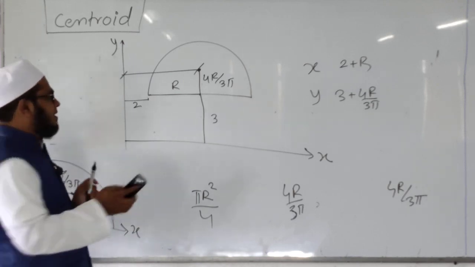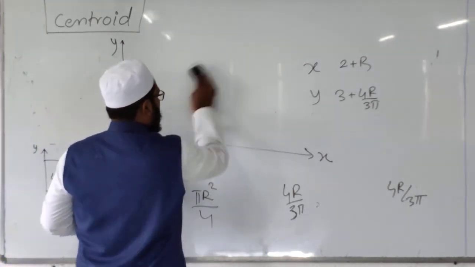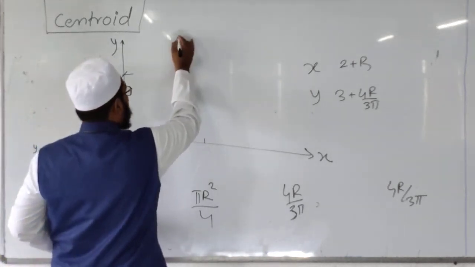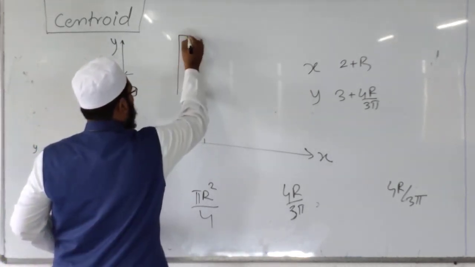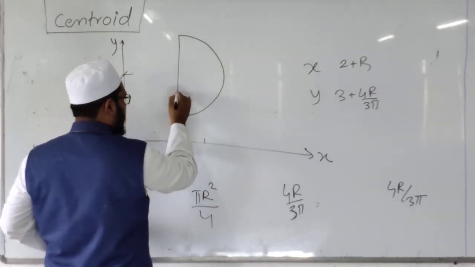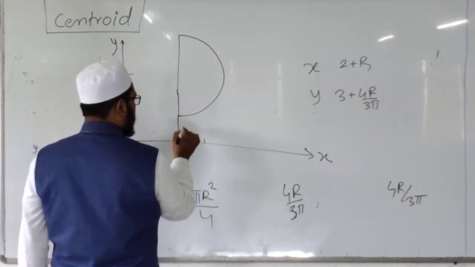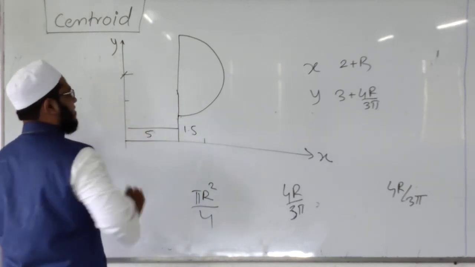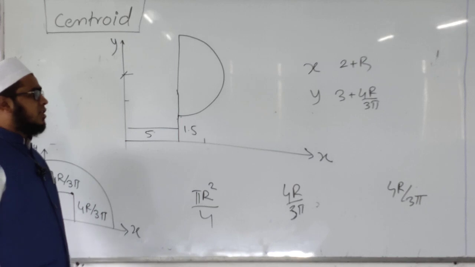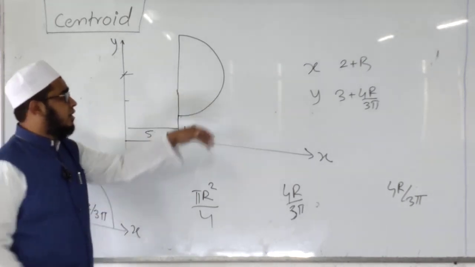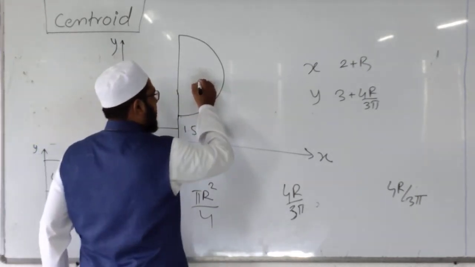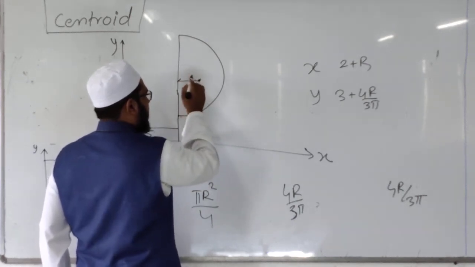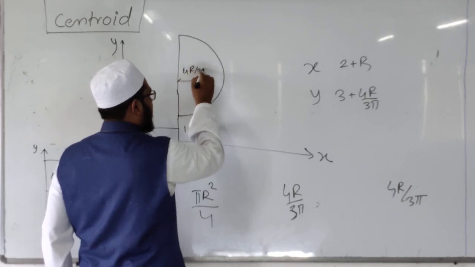And it is not compulsory that the semicircle will always have the same position. It may be like this. If this is 1.5 and this distance is 5, x and y. If I have to find the coordinate of the centroid, I know that the centroid is lying at this point. This distance from the diameter is 4r by 3 pi.